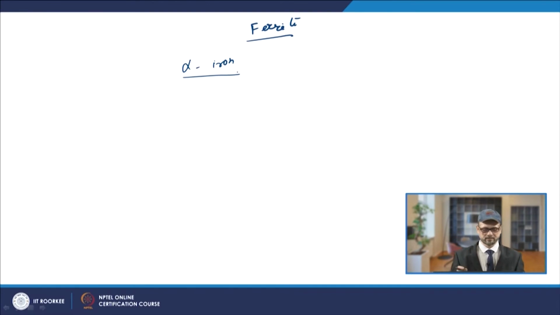You have very little solubility of carbon in alpha ferrite at room temperature, and it goes to a very small value like 0.006%. Its solubility increases as the temperature is increased.